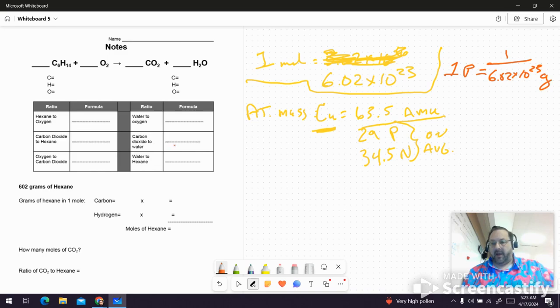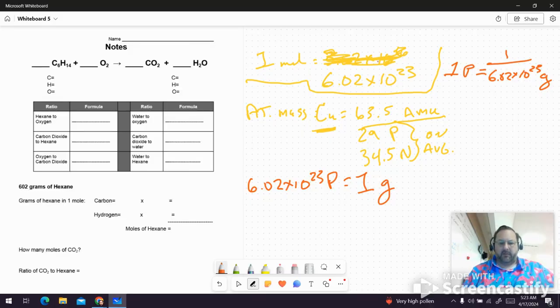That means if I had 6.02 times 10 to the 23rd protons, that would equal 1 gram. You see what I'm doing there? That gives you the mass of a proton.